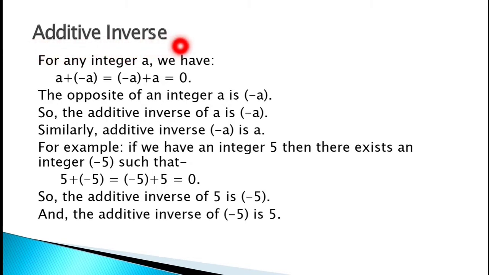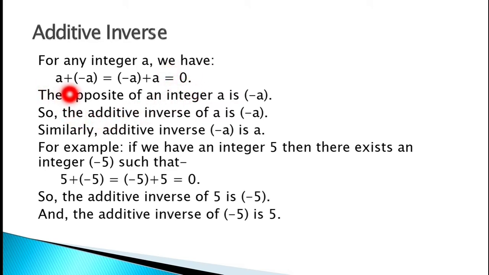Now additive inverse. The additive inverse is that integer which when added to a given integer gives the result of 0. So for any integer a, we have a plus minus a equals minus a plus a equals 0.